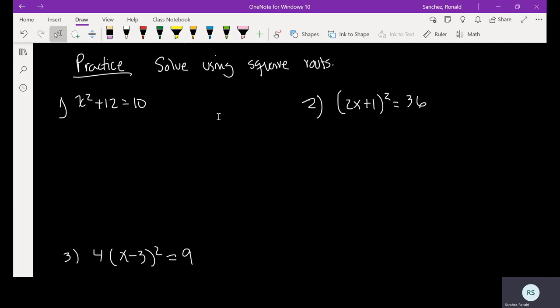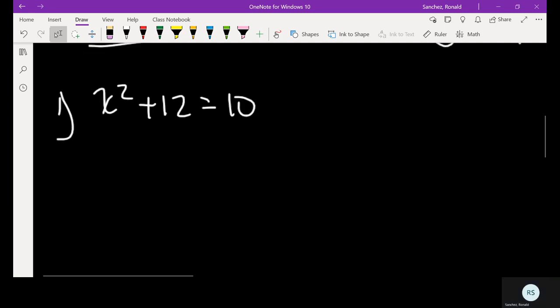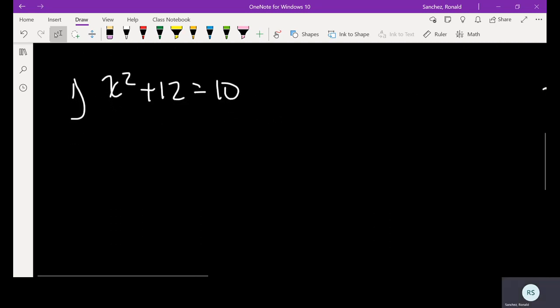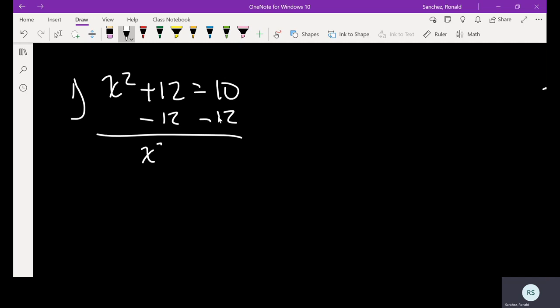I'm going to go over these problems very quickly. So number 1, I have x squared plus 12 is equal to 10. Well, how do I solve this? We can subtract 12 on both sides, and we're left with x squared is equal to 10 minus 12 is negative 2. And then I can find the square root of both sides in order to get rid of that square.